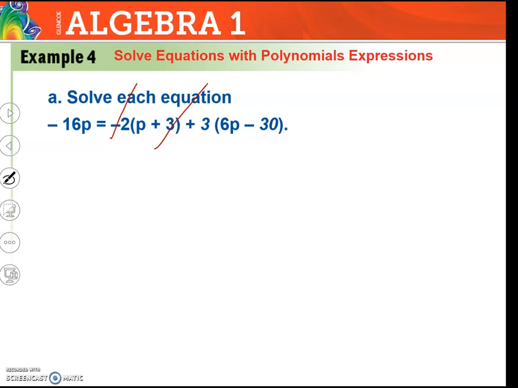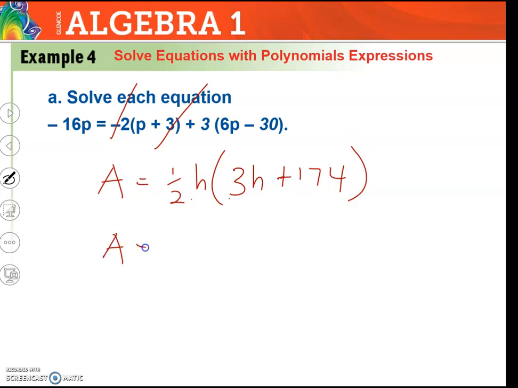In continuation, we have area is equal to 1 over 2 H times (3H plus 174). Now we multiply.